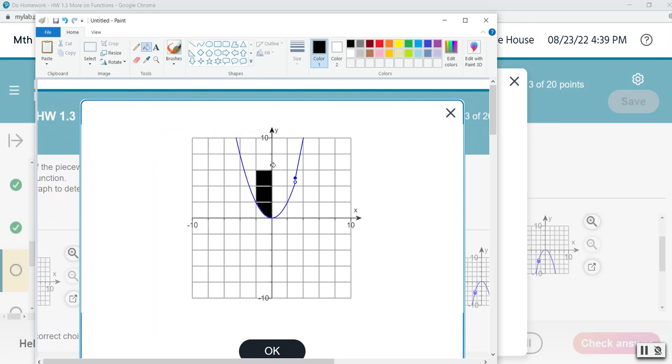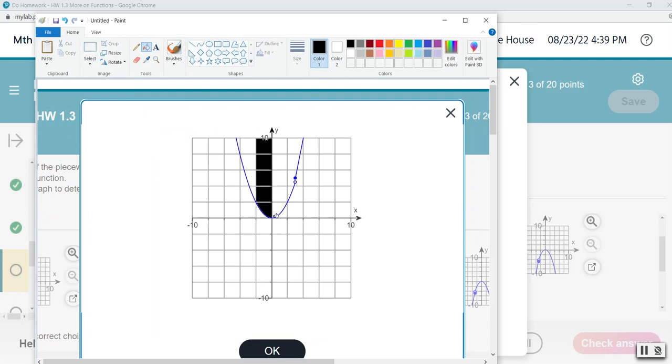There, there, there, there. So for every value on this y-axis, starting here, there is a value on both sides, except for right here. But over here, there's a value over here. So even though there's a missing dot right here, it's not missing over here. So that y is also included.